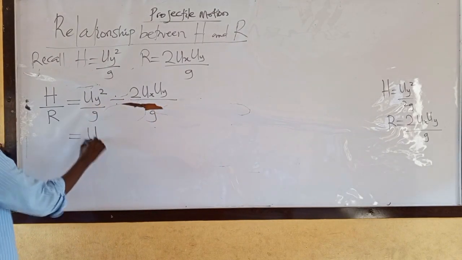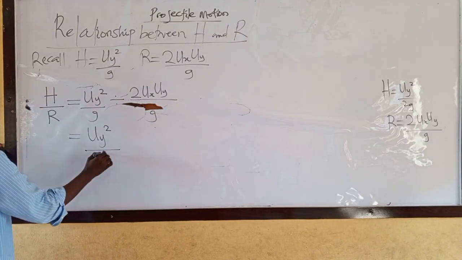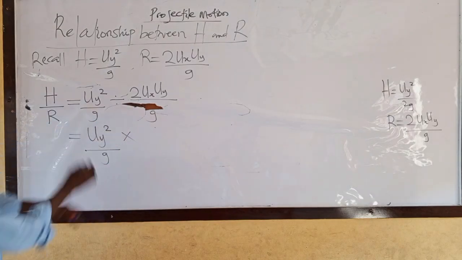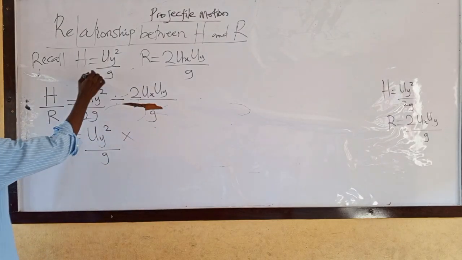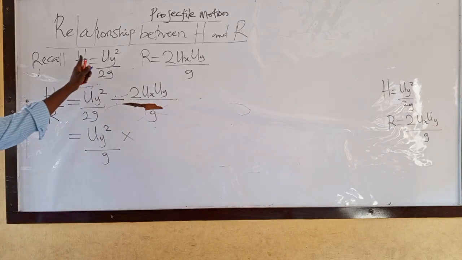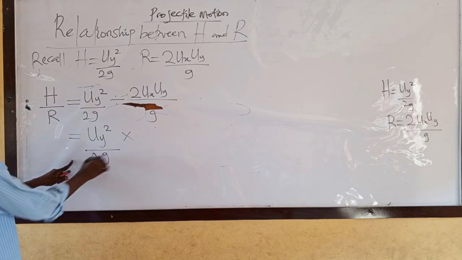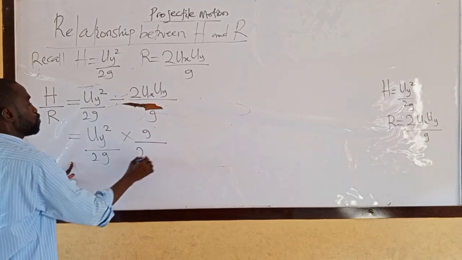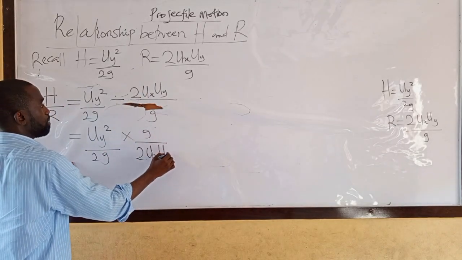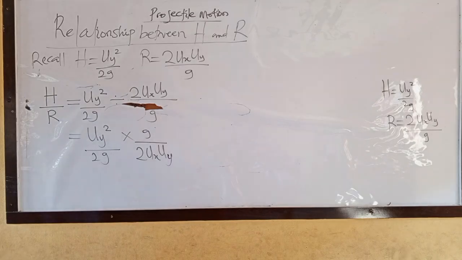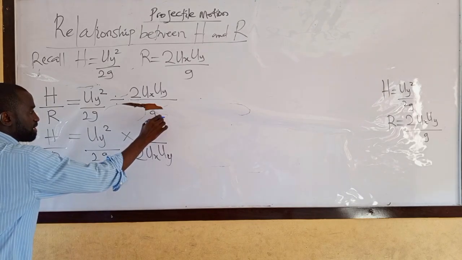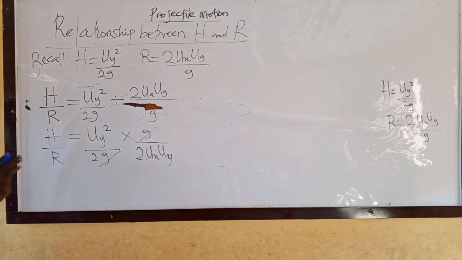We have Uy all squared all over 2g, times g all over 2 Ux Uy. For our height, it's 2g. I have H over R here. So our g, we cancel out g. Are you with me?